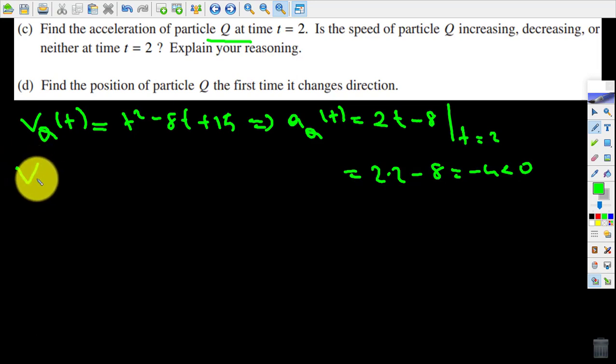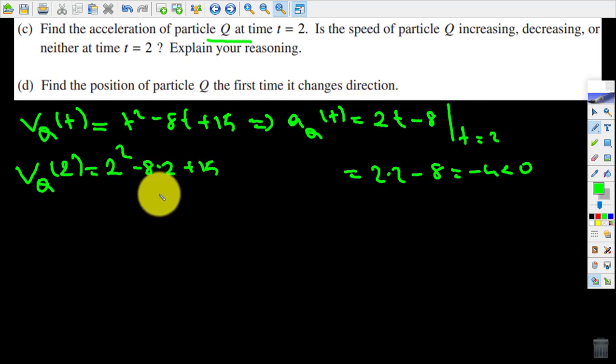And you need to also evaluate velocity when t equals 2. That's going to be 2 squared minus 8 times 2 plus 15, which is 4 minus 16, negative 12, plus 15. It's going to be equal to 3, which is bigger than 0.